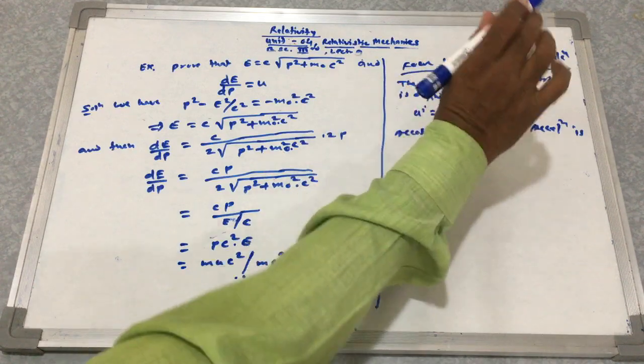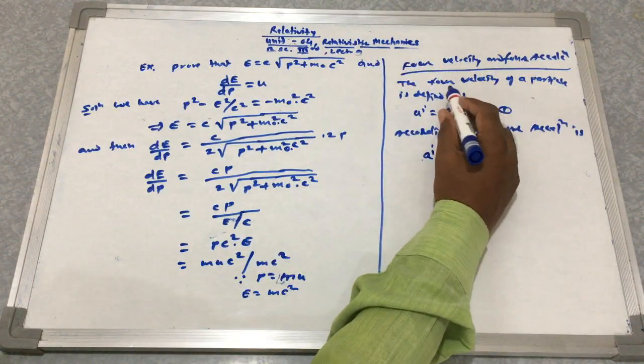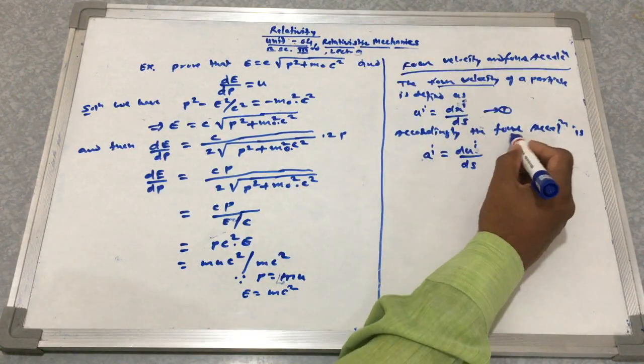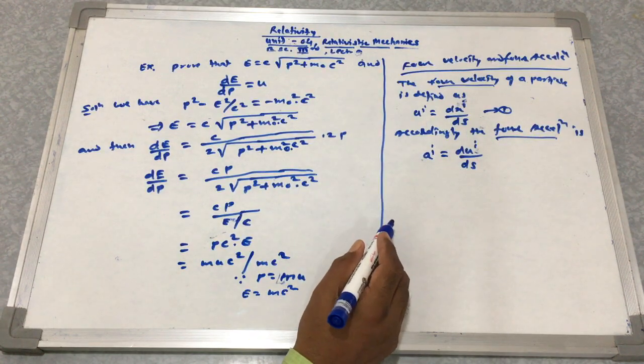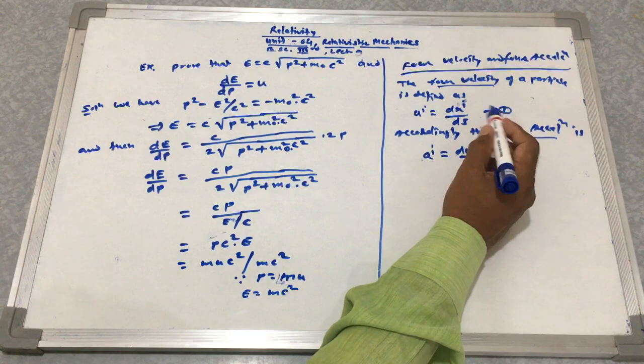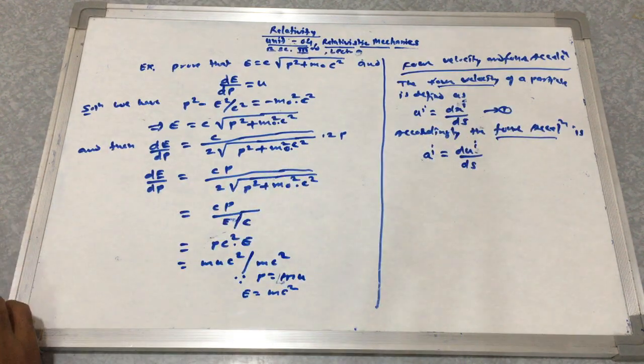So this is for velocity and this is for acceleration. So this is how we define acceleration and velocity.